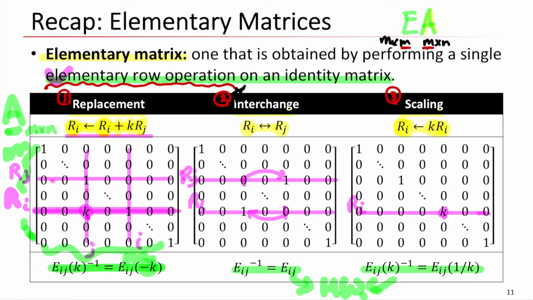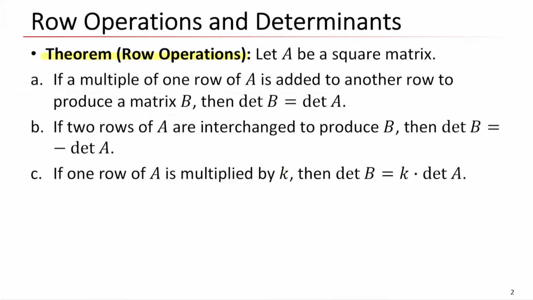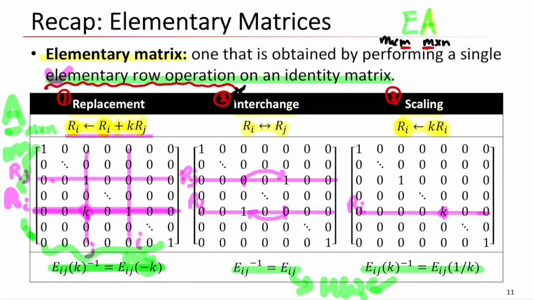So you already know what those kinds of matrices mean. If a multiple of one row of A is added to another row to produce the matrix B, then the determinant of B is equal to the determinant of A, right? The first one is replacement.